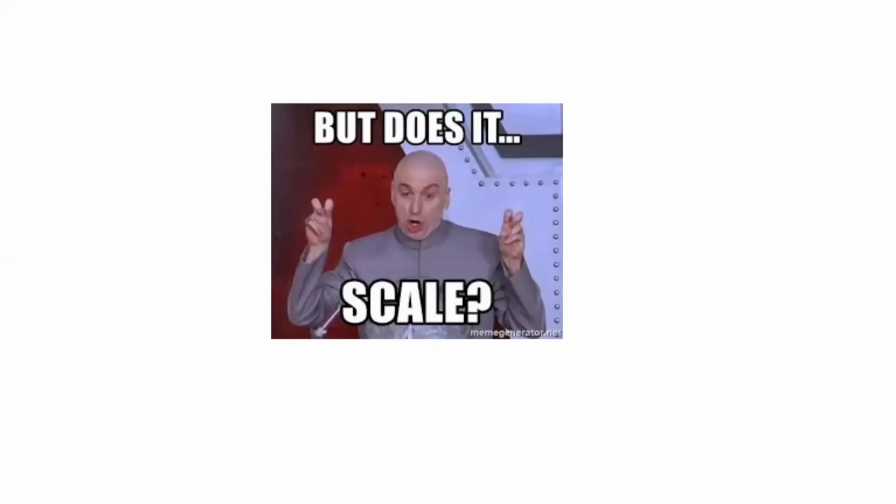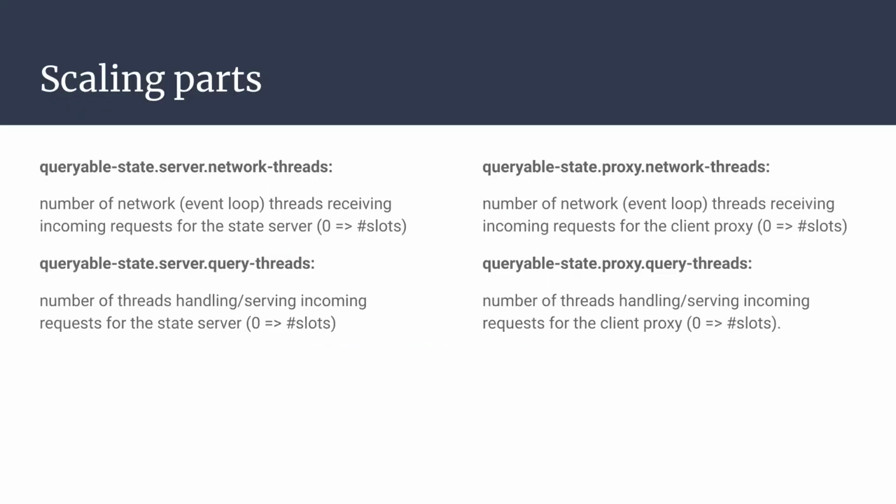Many of you might have this question. In fact, it's a good question to ask anywhere. Does this thing scale? Who else does this, right? So the short answer is yes, it will scale quite well. These are your tuning knobs. The tuning knobs are the number of network threads on the queryable state server side.